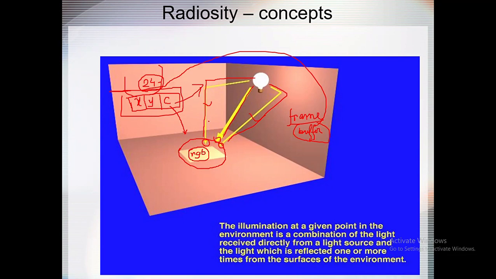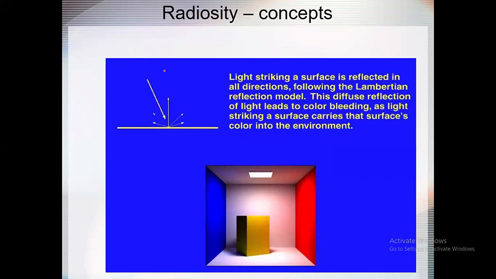Okay. So now what actually happens, light striking a surface is reflected in all directions, following the Lambertian reflection model. So the Lambertian reflection model is from a physicist, and he gave us this model, and this diffuse reflection of light leads to color bleeding as the light striking the surface carries the surface color into the environment.